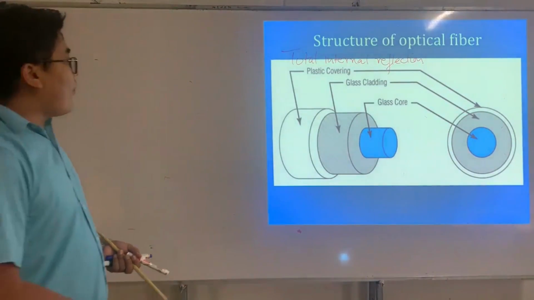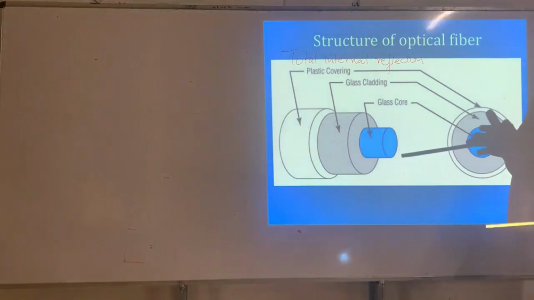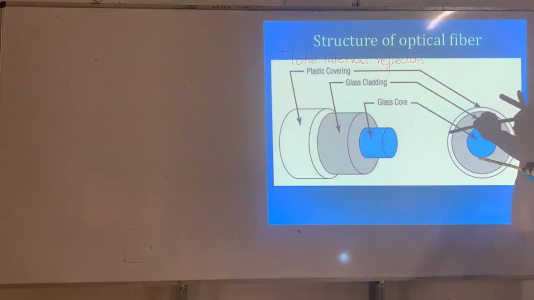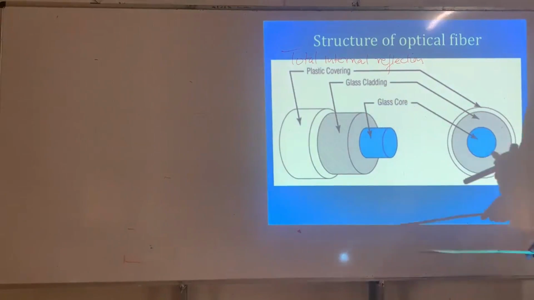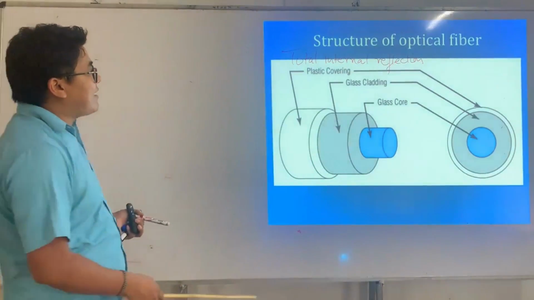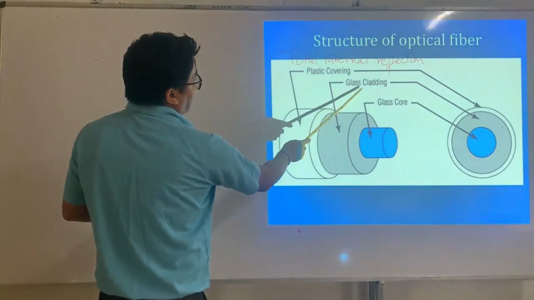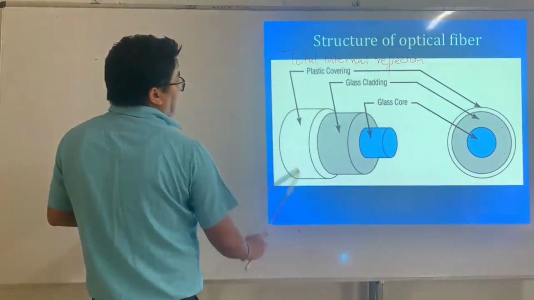Alright, so optical fiber consists of two transparent layers. This is what we call a glass core and glass cladding, right? The refractive index of the glass core is higher than the refractive index of the glass cladding, right? And this is the plastic cover.